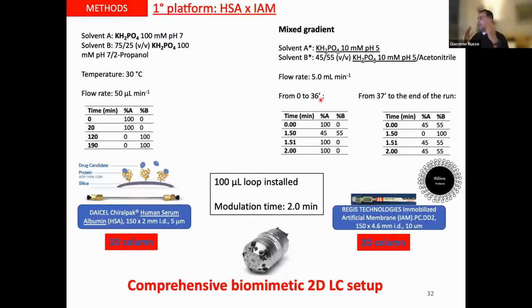We did a normal gradient and then a mixed gradient, but essentially what we did here is using a lower eluotropic strength condition from 0 to 36 minutes, and then from 37 to the end of the run, we used a higher eluotropic strength condition to elute the more lipophilic compounds. We used a normal, let's say, IAM.PC.DD2 column of 15 centimeter length, with a really common 4.6 millimeter internal diameter, so a really common format, I would say.